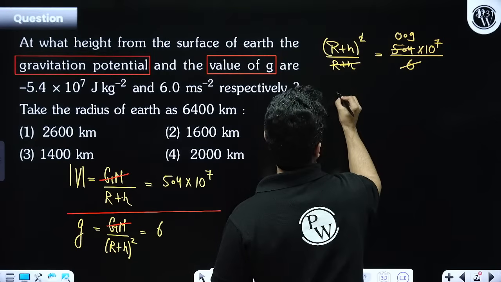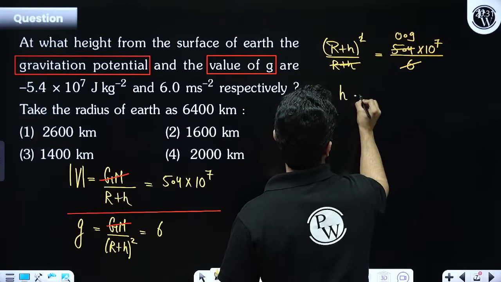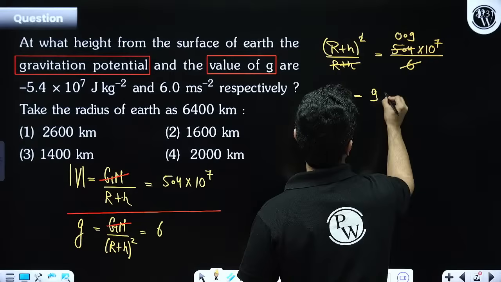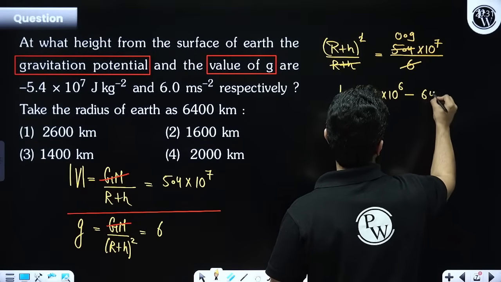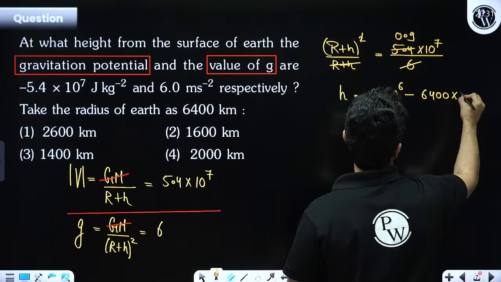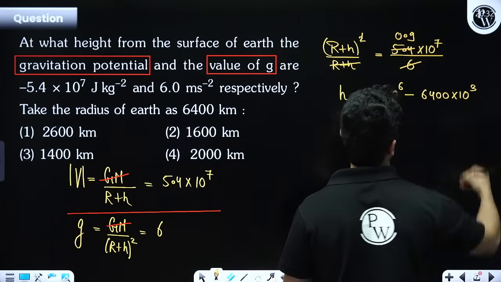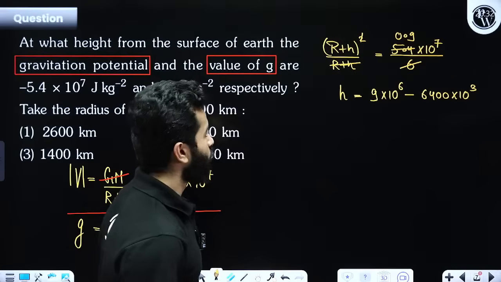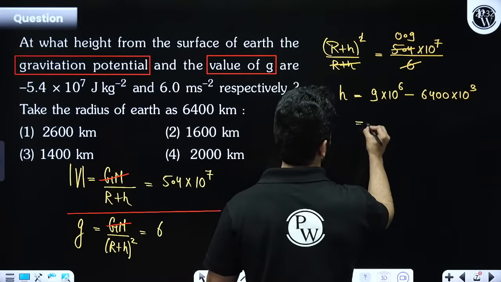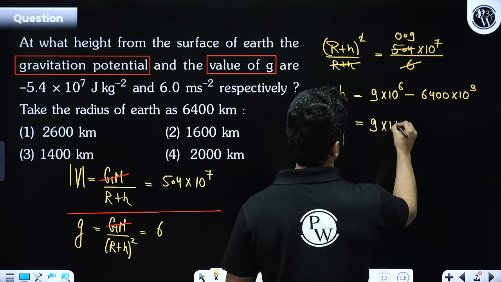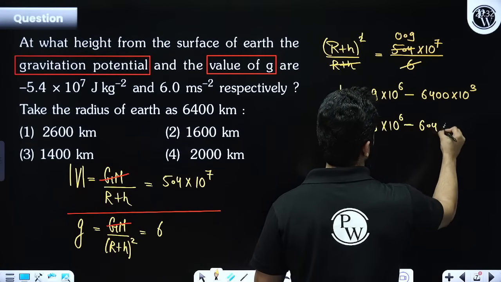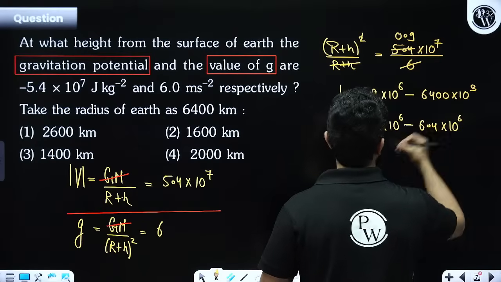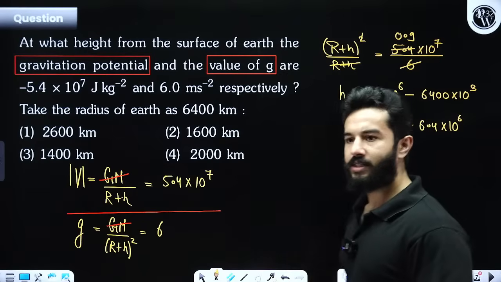This can be cancelled out, and H will be written as 9 into 10 to the power 6 minus 6400 into 10 to the power 3, right? So I can write it down as 9 into 10 to the power 6 minus 6.4 into 10 to the power 6. Is it clear, my dear friends?